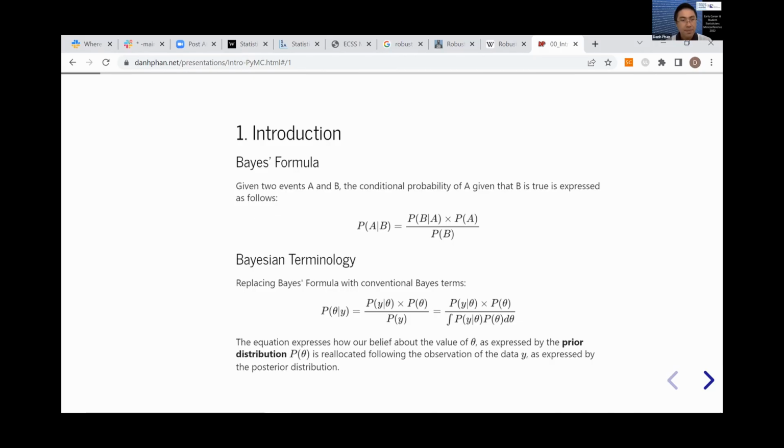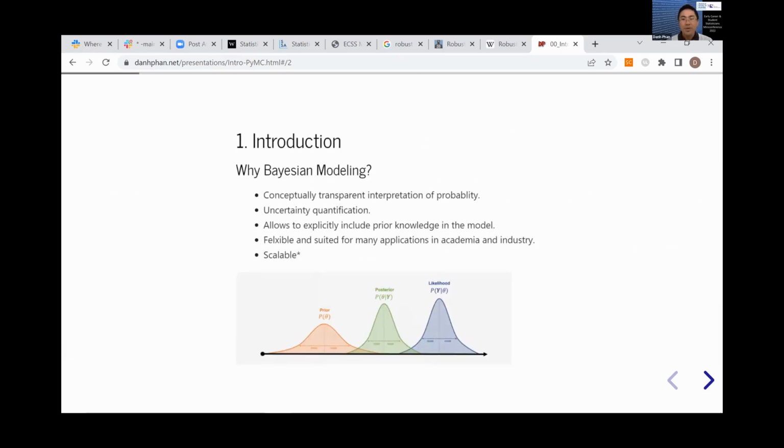All right. So why do we need Bayesian modeling? Here are a couple of reasons. One is interpretability, and it helps to quantify uncertainty, because we have the posterior distribution for parameters.